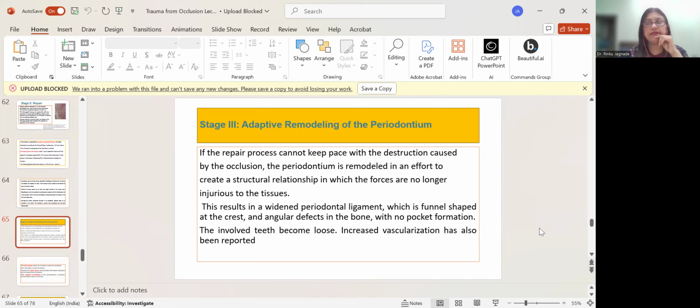So in the repair phase, we have seen that whenever there is an injury, the periodontium tries to repair itself, and in this process of repair, it leads to formation of new bone. When this new bone formation occurs inside the mandible, it is known as central buttressing bone formation, since new trabeculae are formed.